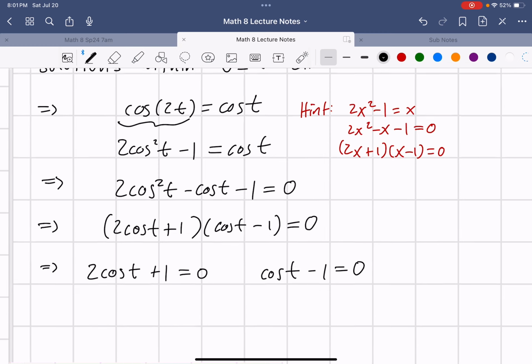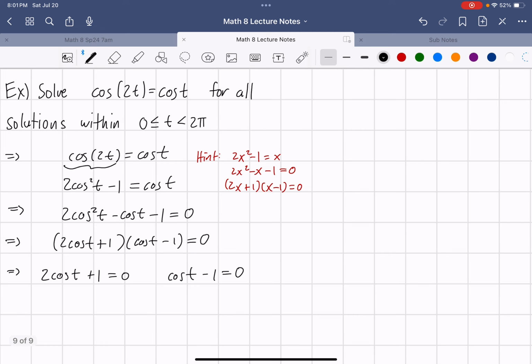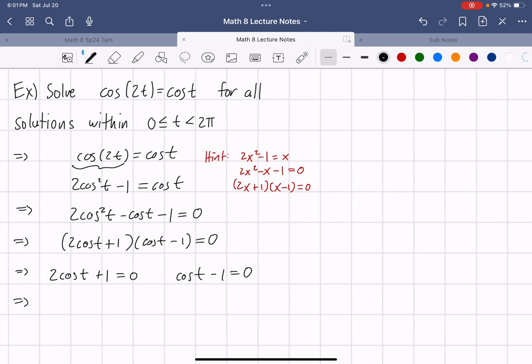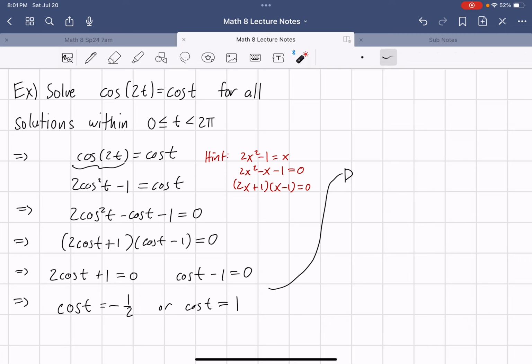Now, isolating my cosine, I would have cosine of t equals negative 1/2, or I have cosine of t equaling 1. To not make it super long, I'm just trying to find versions of t, and remember, I'm only within the 0 to 2 pi interval.